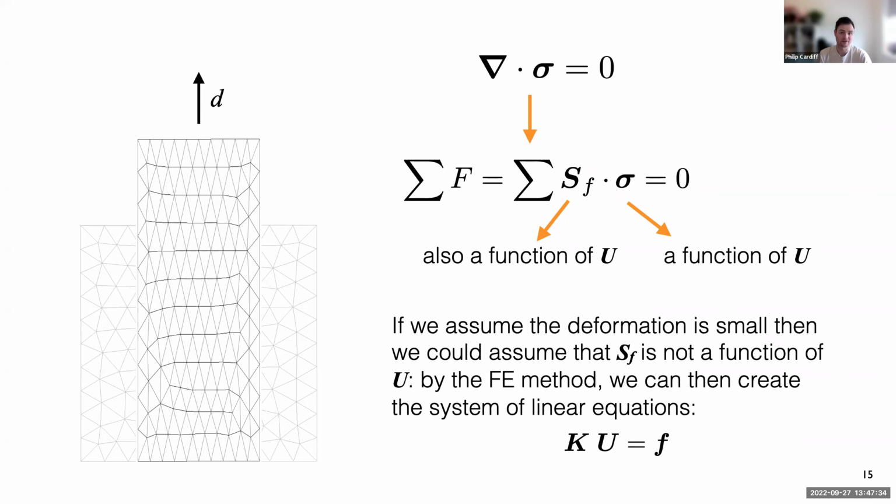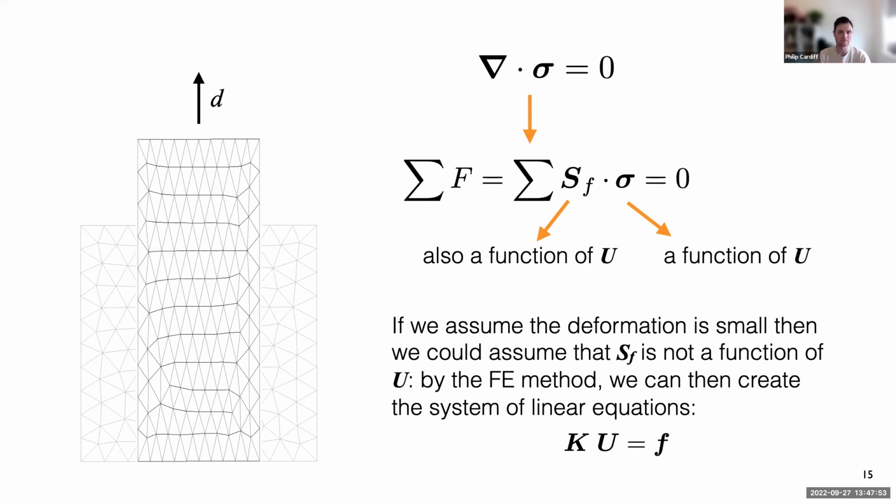You could just assume they're independent of it. Making that assumption that the areas, volumes and area vectors are independent of the displacement field is called a small strain approach, or a linear geometry or linearized geometry approach.